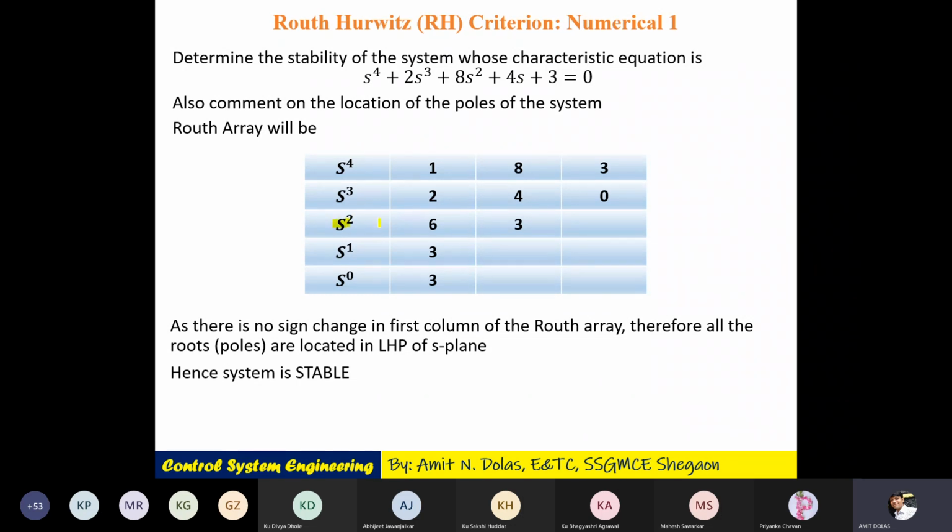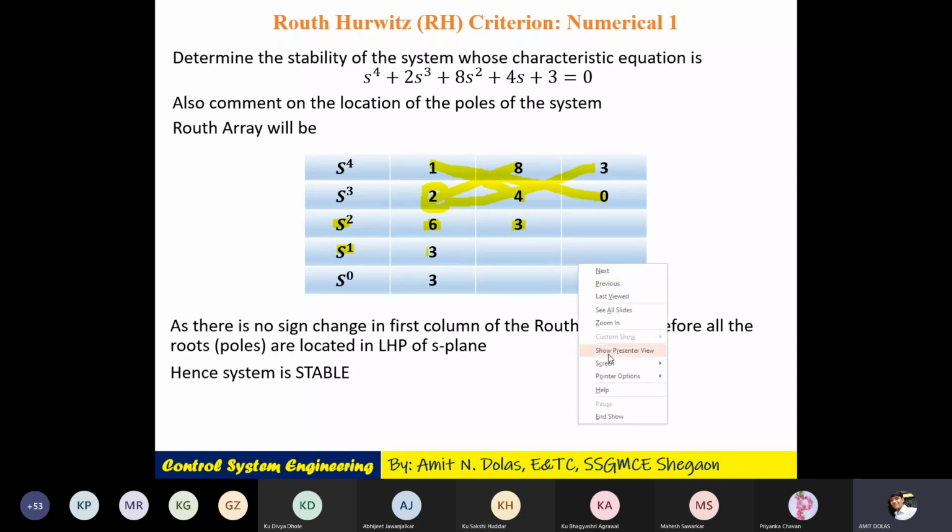For S square, if you are calculating this element, cross multiplication: 2 multiplied by 8 is 16 minus 4, that is 4 multiplied by 1. So it will be 12 divided by 2, which is 6. Similarly, calculating for this, it will be 2 multiplied by 3, so 6 minus 1 multiplied by 0, and 6 divided by 2 will be 3. Again, go for another, that is S to the power 1.